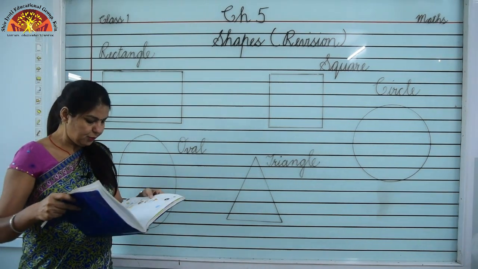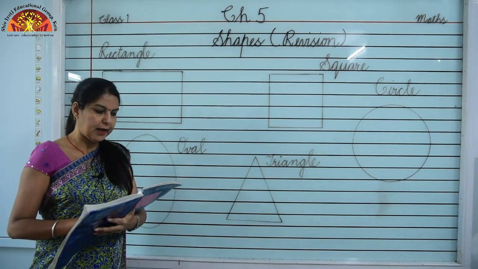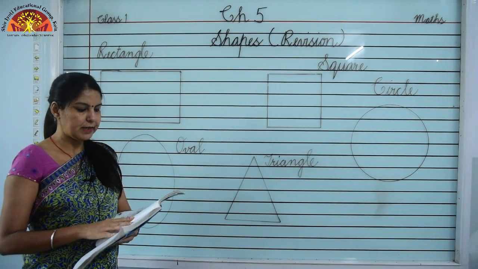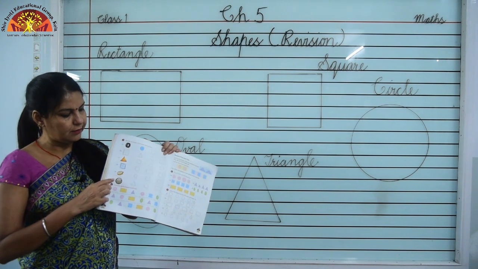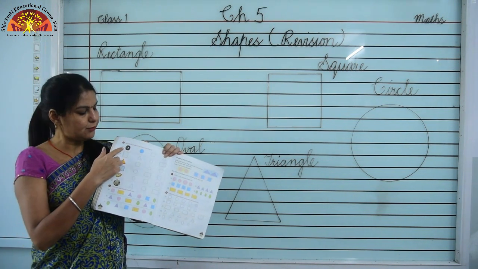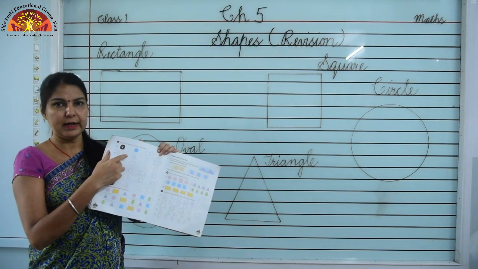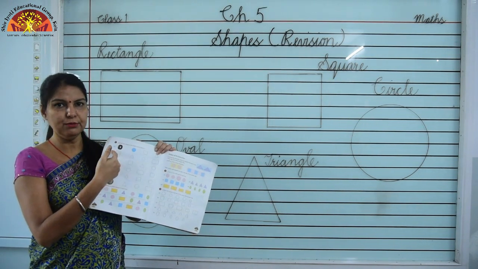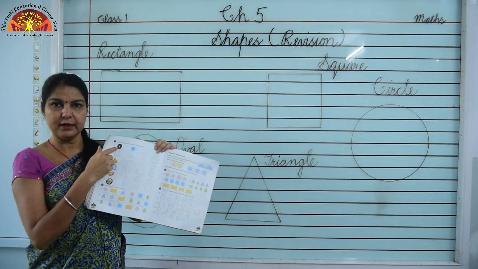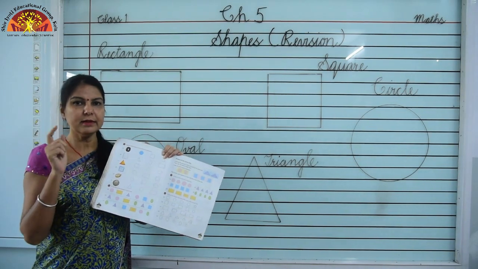Now come to the page number 64. Identify the shape of the objects and color it. Here few objects are given. You have to identify these shapes and match and color the shape which is similar to this. Here this is tire. Children, just imagine the tire in your mind.